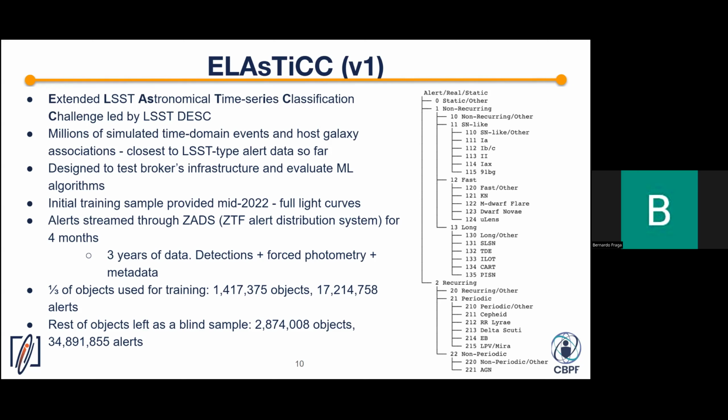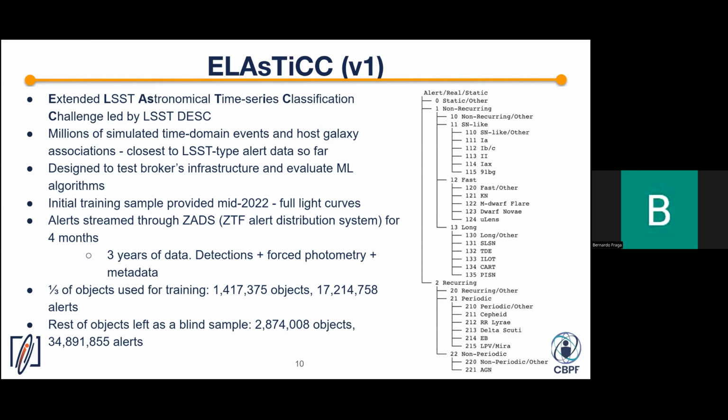One was to test the brokers' infrastructure, to see if they could receive an alert stream, process it with their classifiers, and send the classification results back to DESC. And by doing this, they would also evaluate their machine learning algorithms. So this is kind of a side goal, but it was what we used Elasticc for.